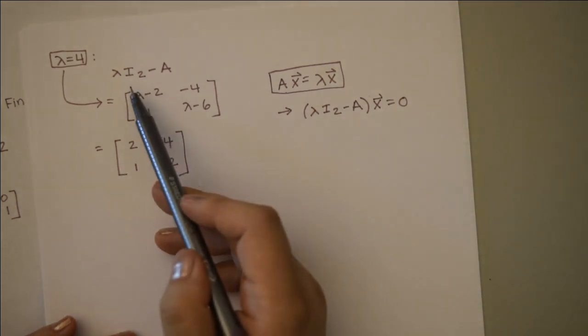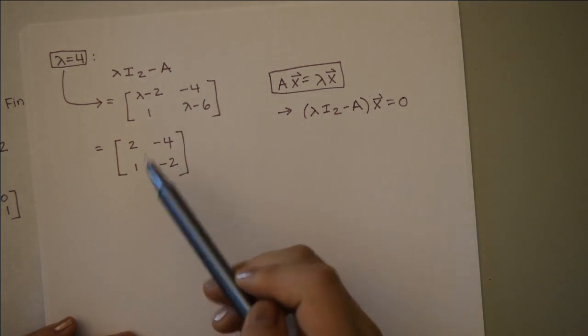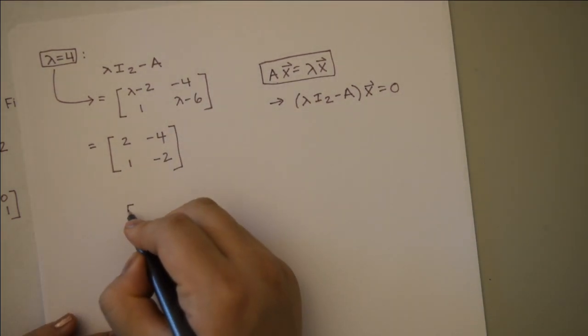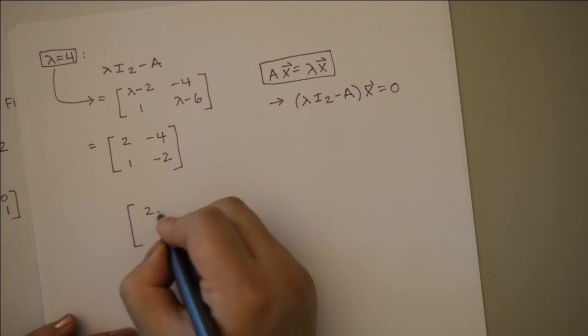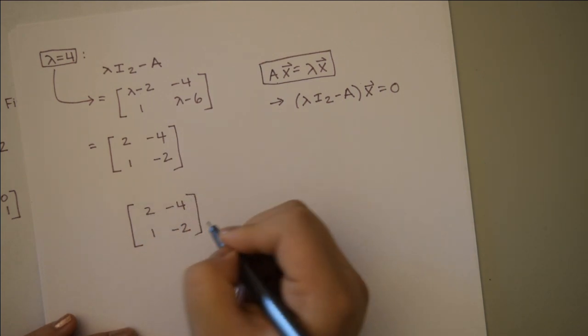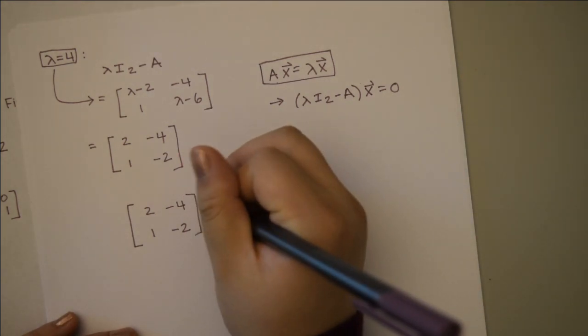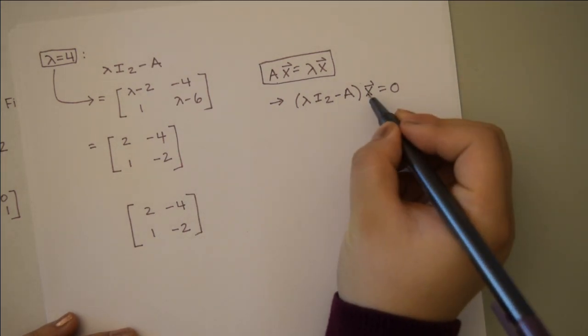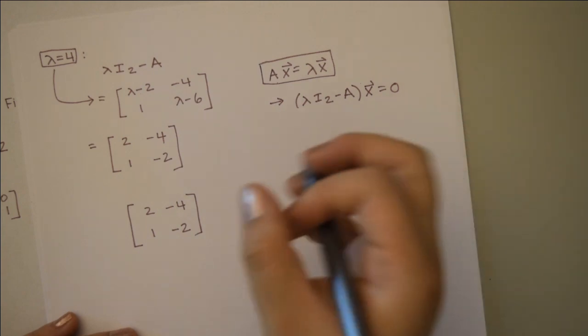And so we just found what lambda I2 minus A is. It's this. So I'm basically trying to find any vectors where this times that vector equals 0.